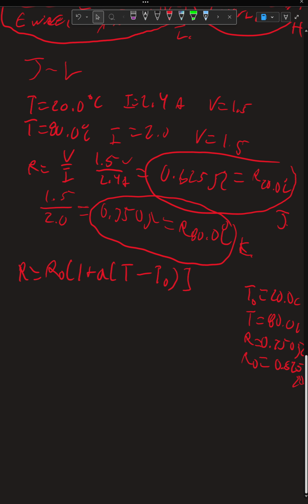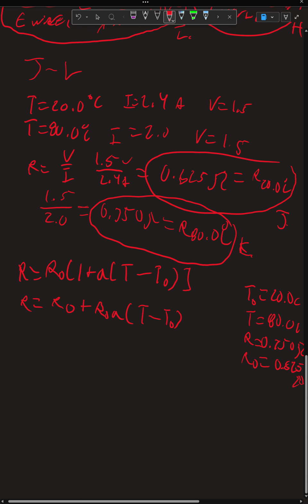So R equals R0 plus R0A times T minus T0. This is just simple algebra again. We're trying to organize everything to get A by itself, so we can get the temperature coefficient of resistivity.